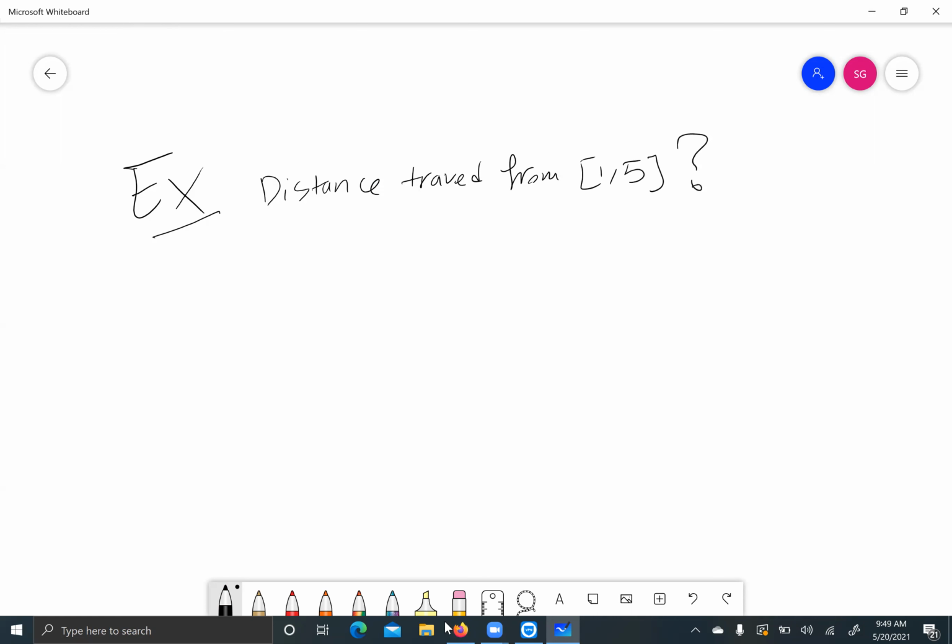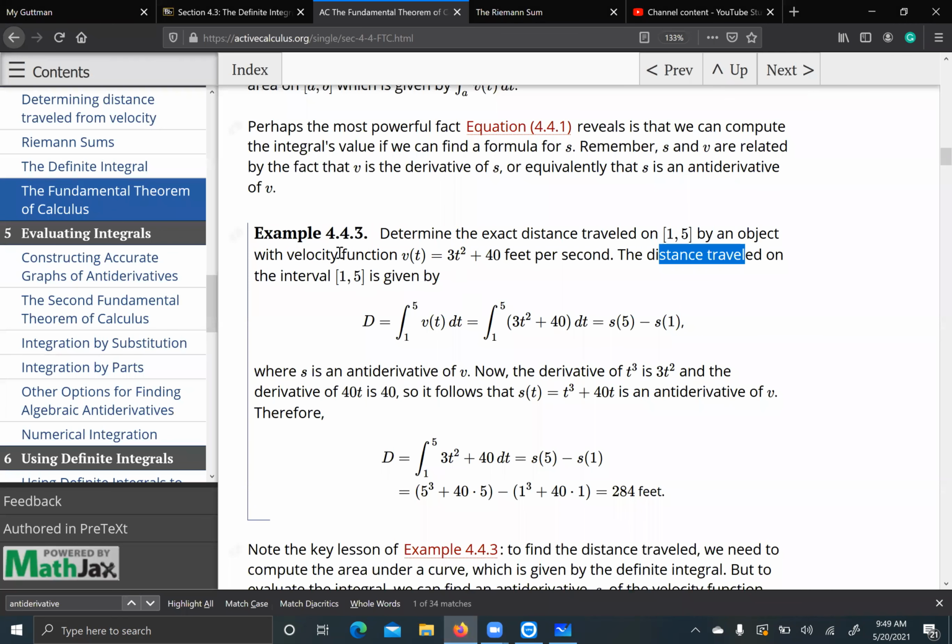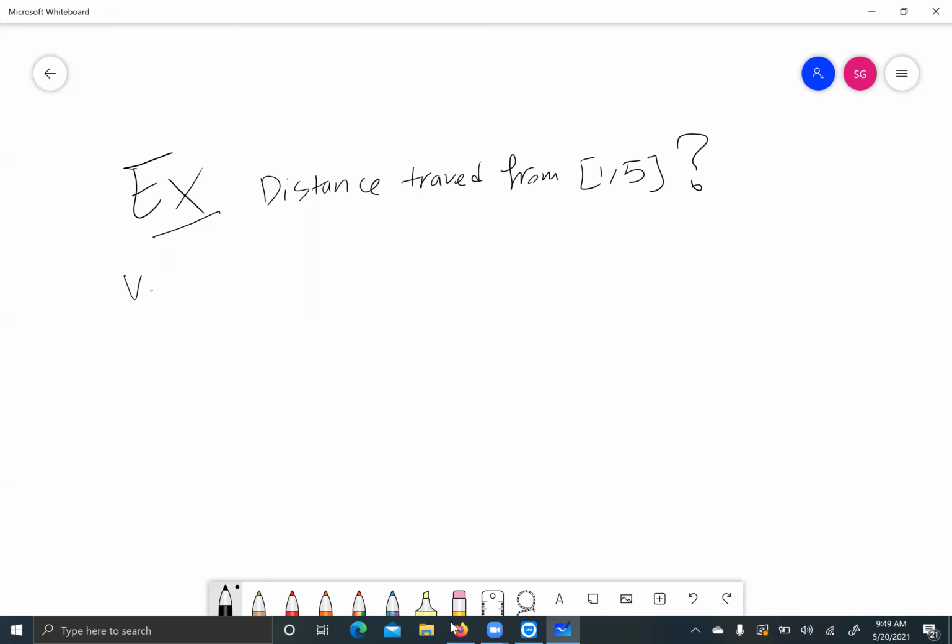That's what we want to find. And we know that it has a velocity function, v of t, which is velocity based on time.